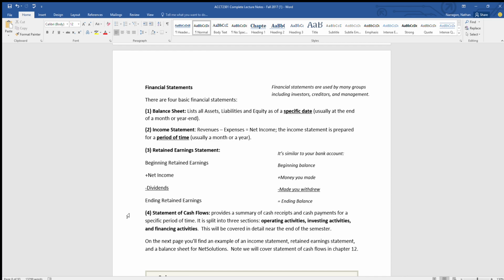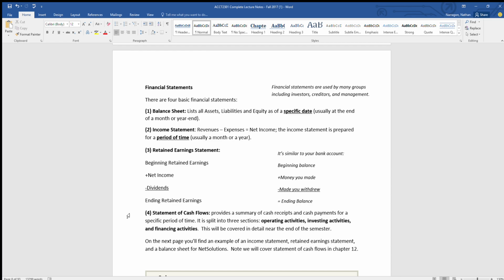The last statement that we have is known as the statement of cash flows. This one is not too much focused on in this course, but the statement of cash flows is in chapter 12, and we will get into it. We will talk about it a little bit, but we just want you to know basically how it works. This one will be mostly at the end of the semester.